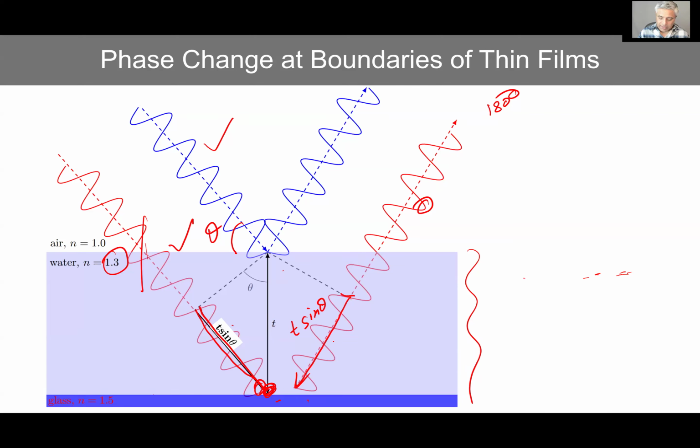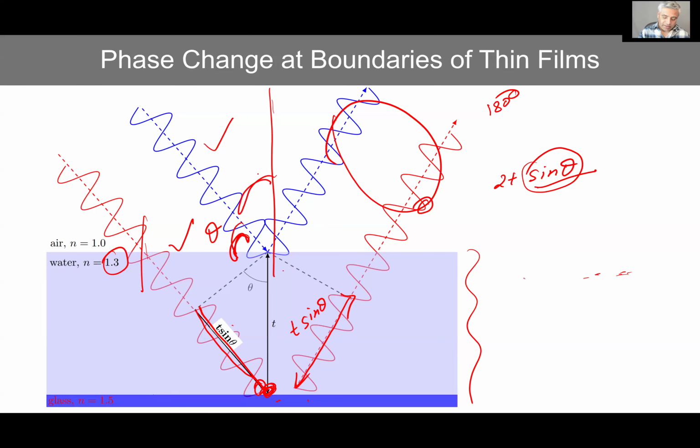So that means total path difference, we can write 2t sine theta in this kind of situation. But these angles, often when we are looking at the light that's reflected, make a very small angle. Because of that, we can say sine theta, if they are making a very small angle with the surface, they are making almost 90 degrees.